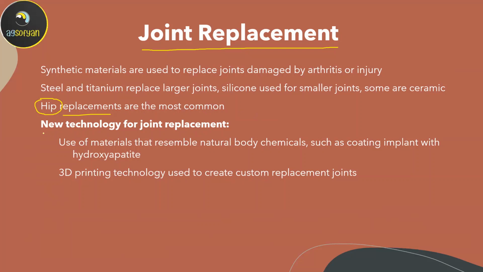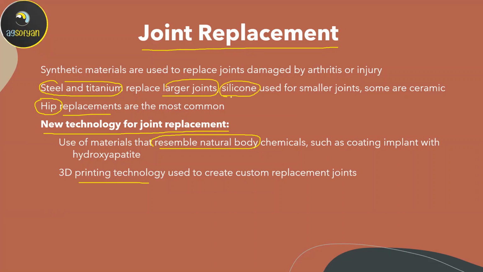There are several technologies used for this, usually using materials that resemble natural body chemicals, using 3D printing technology, sometimes using steel and titanium to replace the large joint areas. Silicone is used for smaller areas.